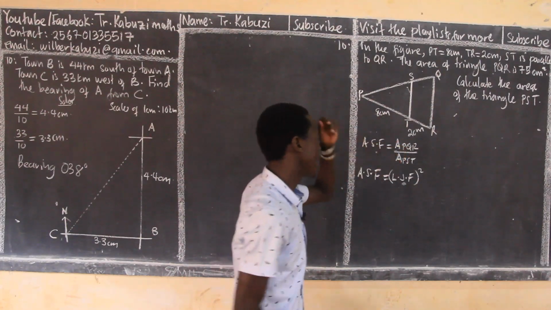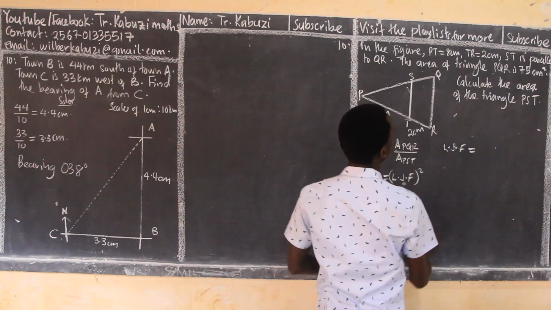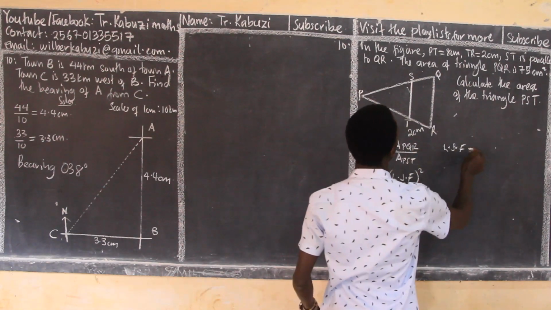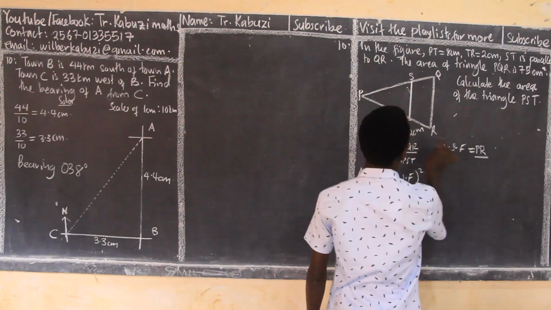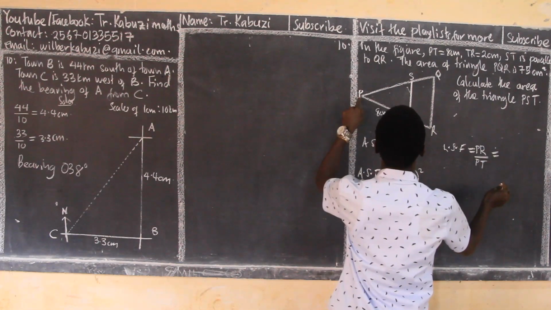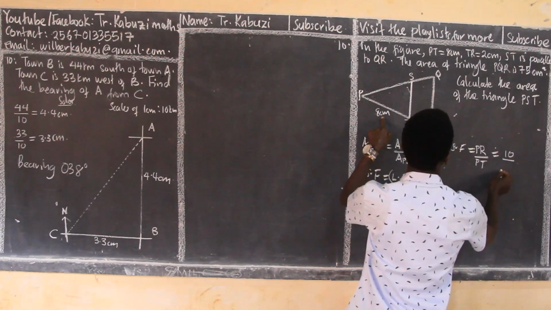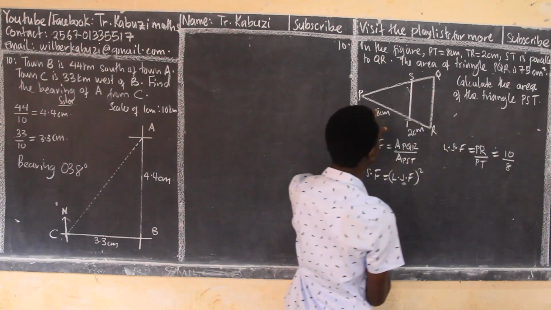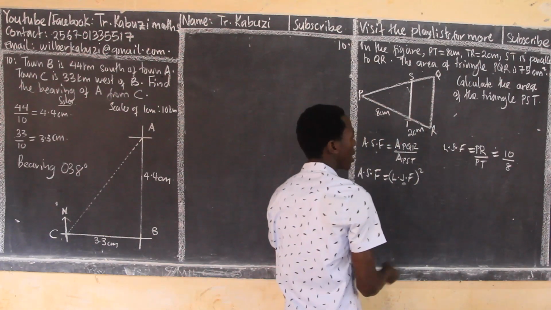From here, I can get it. My linear scale factor is going to be the big length, which is PR, over the small one, which is PT. The big one is 10 over the small one, which is 8. How am I getting 10? I'm getting 8 plus 2 to get 10.